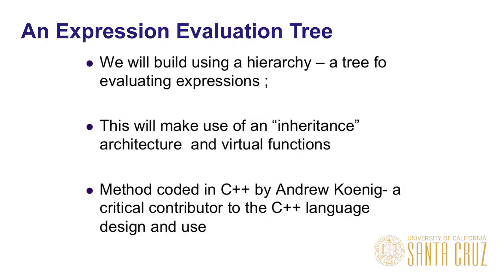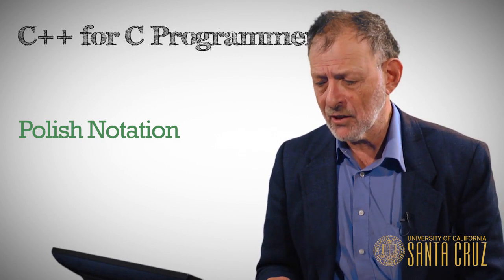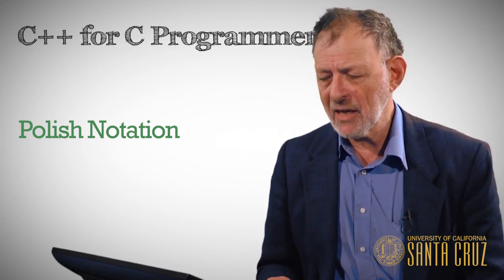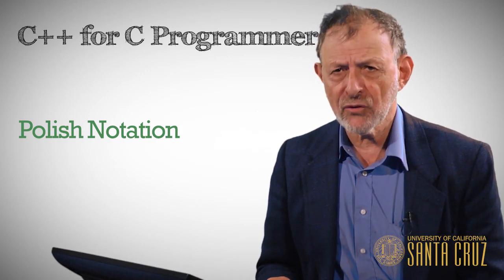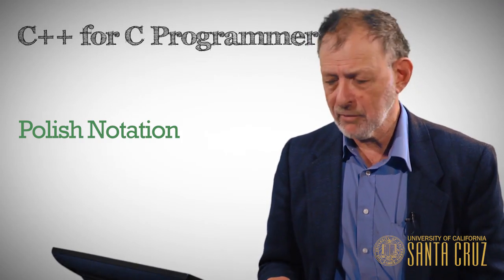Now, this method that I'm going to describe is due to Andrew Koenig. I think the article that originally showed this example was in the OO literature, sort of, I think, 1988. So it was an early article in the C++ community showing the power of virtual function, polymorphism, and OO ideas. And it was just such a beautiful method that I've always used it to demonstrate some critical ideas in C++.